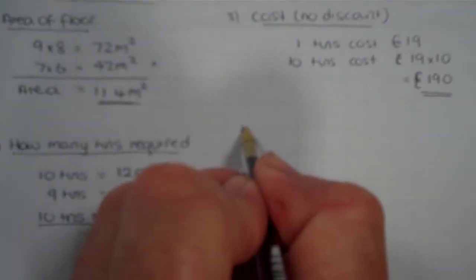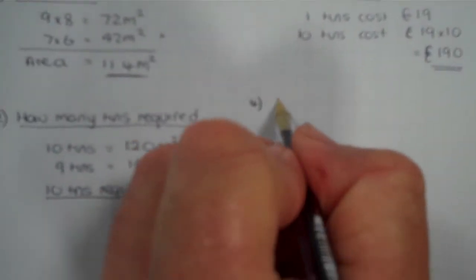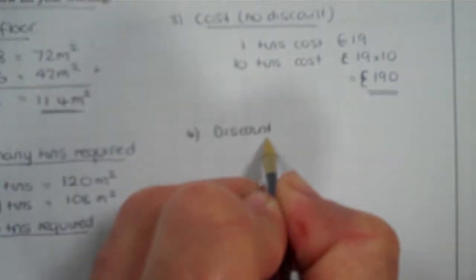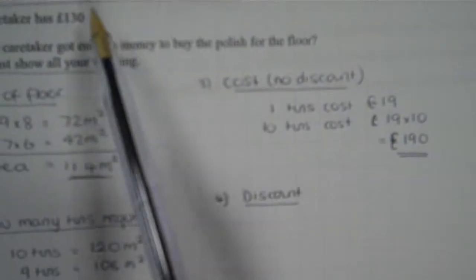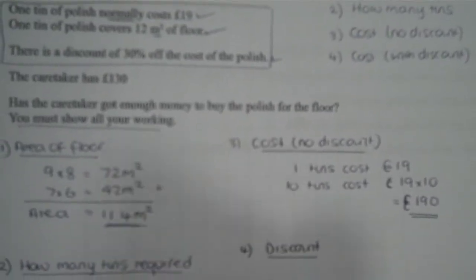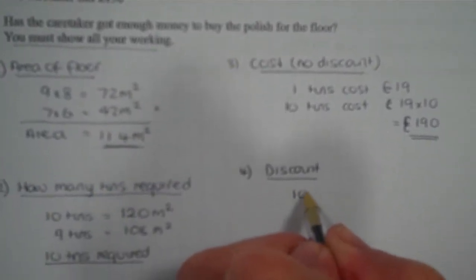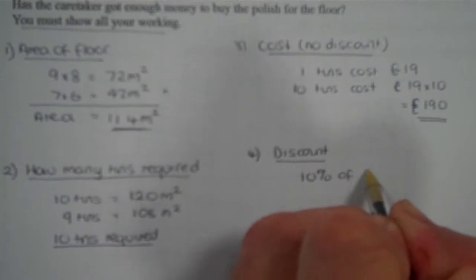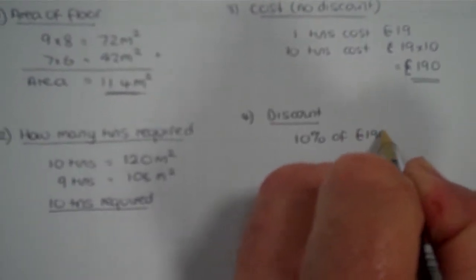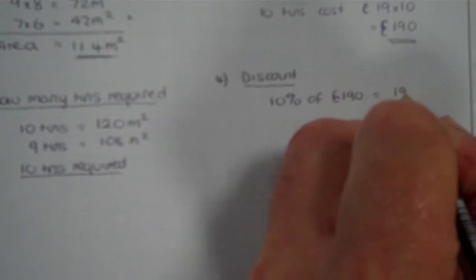Next thing, I need to work out my discount then. Discount. Up here, it said it was 30% of the cost of the polish, so 10% of my cost, £190, that's going to be £19.